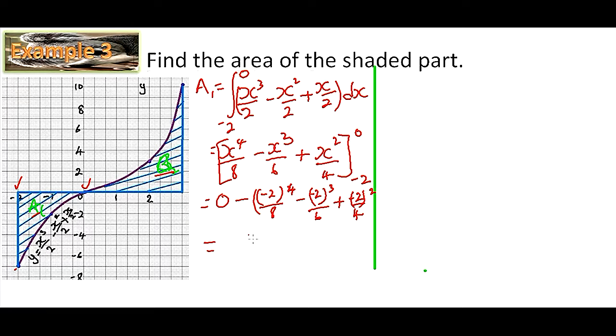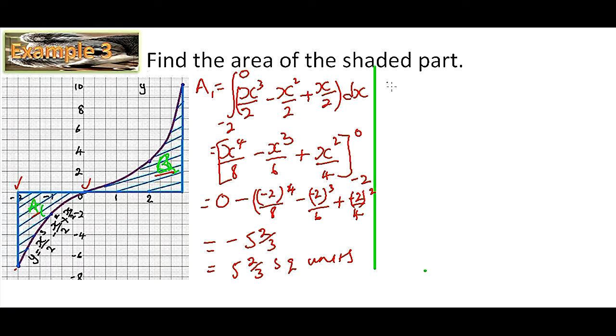So when you compute this, you get the area will give you minus 5 and 2 over 3. The minus sign is because the area is under or below the x-axis, and therefore we say that our area is 5 and 2 over 3 square units.